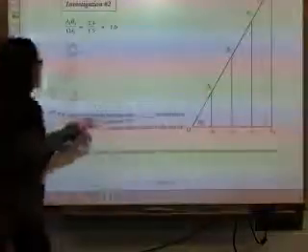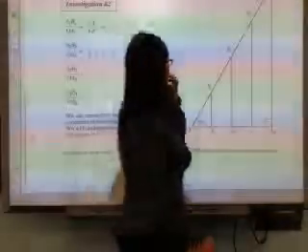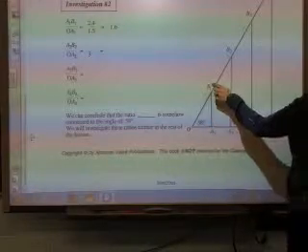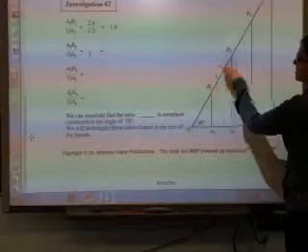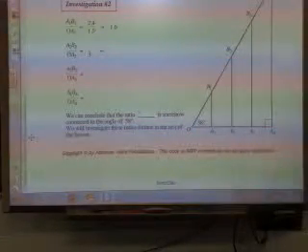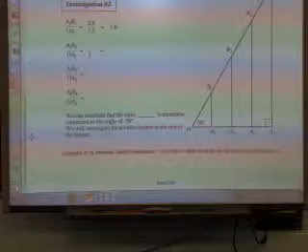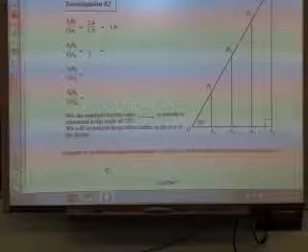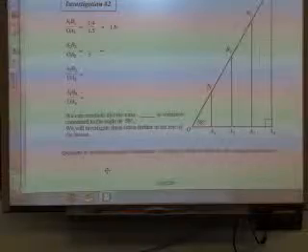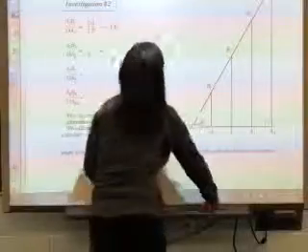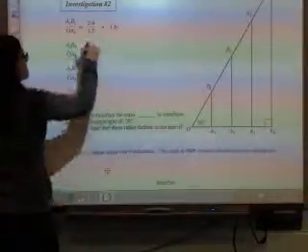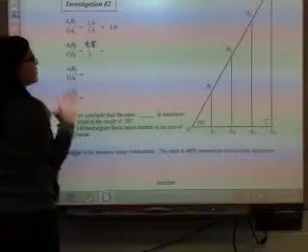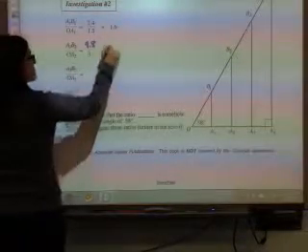In investigation number 2, we're measuring A1 to B1 and then O to A1, the same thing as we did before. What measurement did you get for A2 to B2? If I go 4.8 divided by 3, what do I get? 1.6.